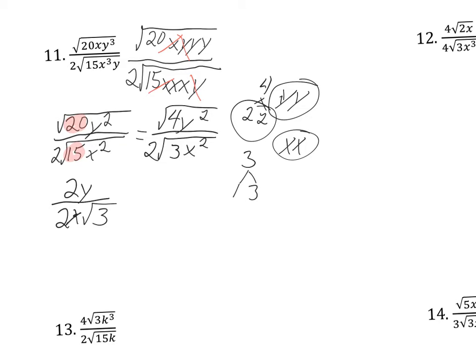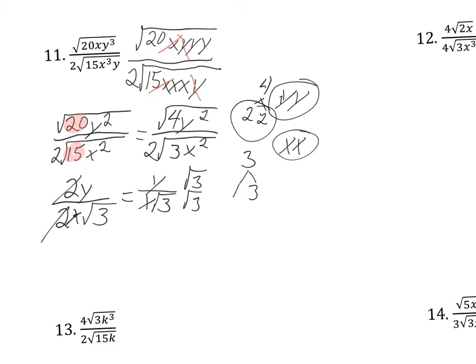This is not my final answer yet, because I can simplify this a little bit more. The 2 and the 2 cancel, so that gives me y over x radical 3. Now I'm not allowed to have a radical in the bottom, so I'm going to multiply the top and the bottom by radical 3. So I have a radical 3 and a radical 3.